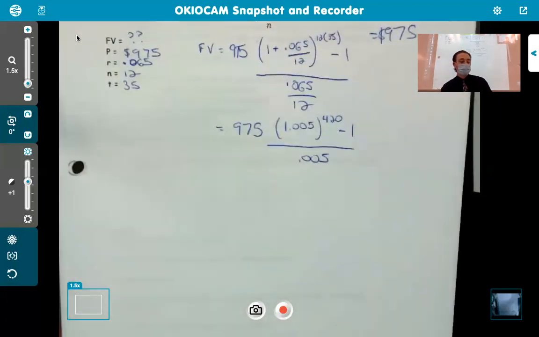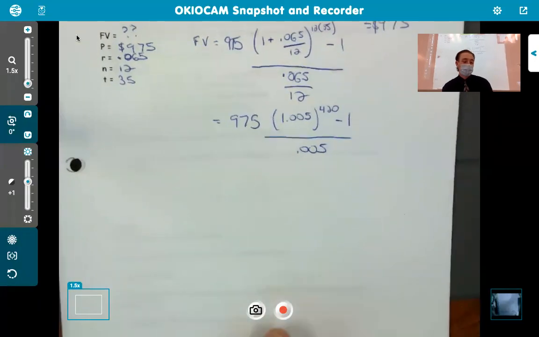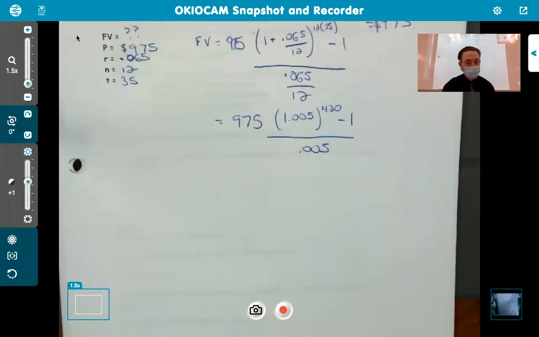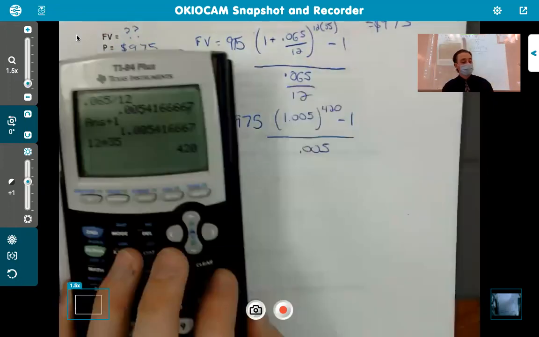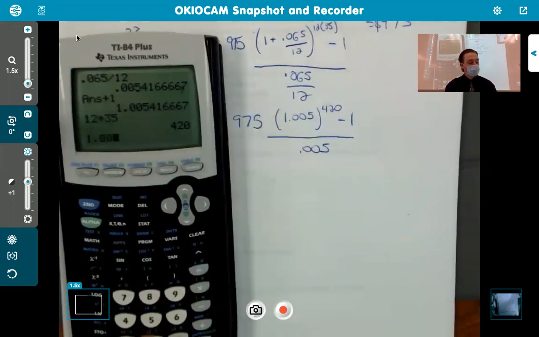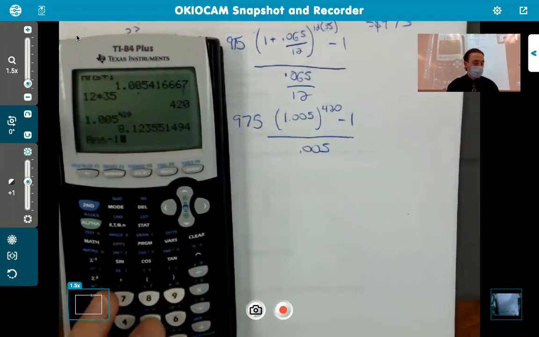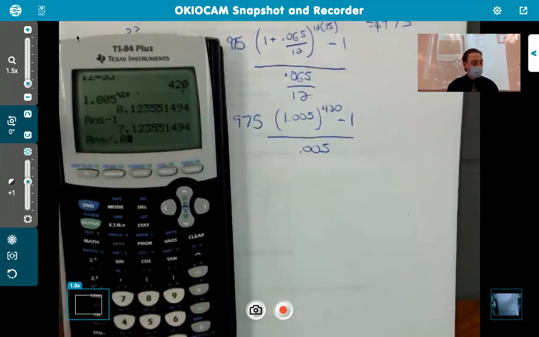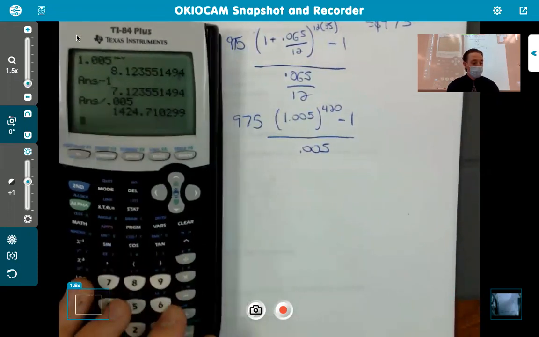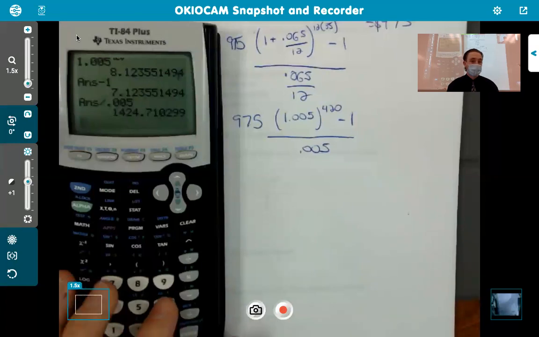So I'm taking that 1.005, raising it to the 420th power, subtracting 1, and then dividing it by 0.005 again. Okay, let's go through and do that. 1.005 raised to the 420th power. 8.12355, so on and so forth. Subtract 1, and then divide that by 0.005. I get 1,424.71.